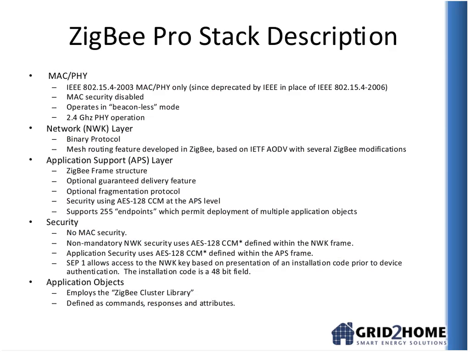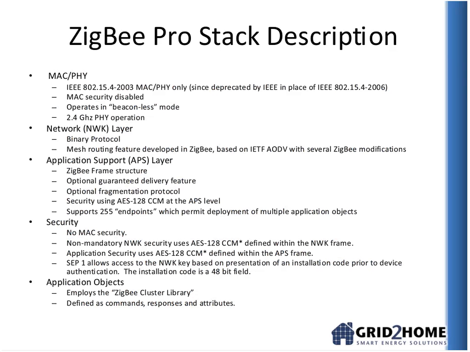So here's a quick description of those layers that I've talked about. The MAC PHY that was chosen for ZigBee is the 802.15.4-2003. At the time, they didn't use the MAC security that later became part of the 802.15.4-2006 layer. It operates in a beaconless mode at 2.4 gigahertz. The network layer is a binary protocol.